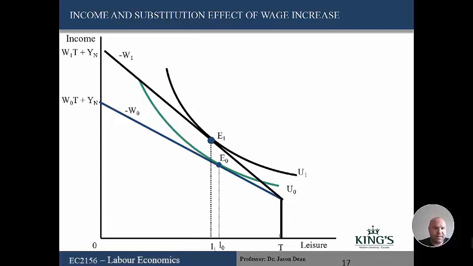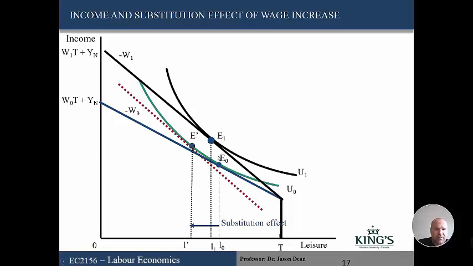To get the substitution effect, we need to hold income constant and just have the wage change and see how that induces the person's decision. If we were to take away the person's income so that they were on the previous indifference curve, we would end up at point E prime.